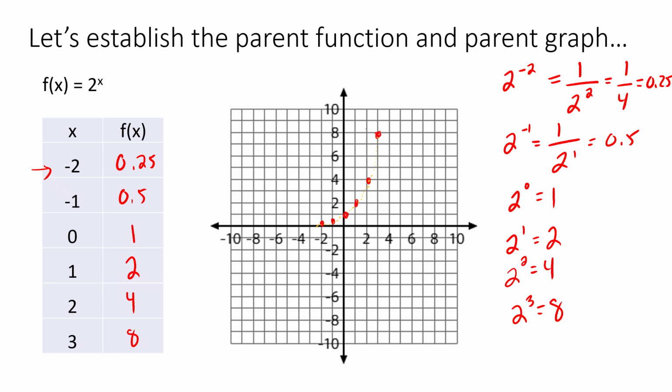Now, if we reason for a little bit here, we're never going to get a negative value for y. Even if I had x is equal to -100, that would be 1/2 to the 100, which would still be positive. It would be really, really small, but it would still be a positive number.